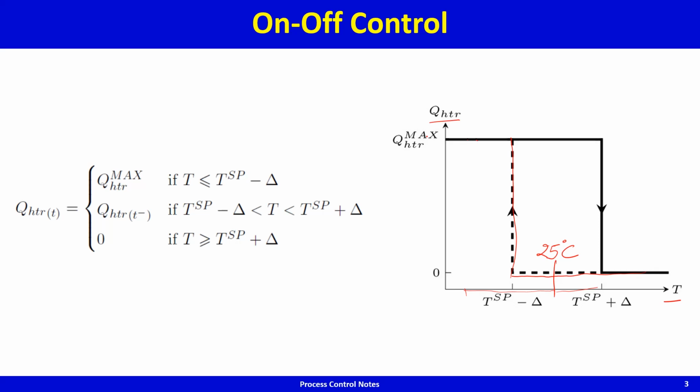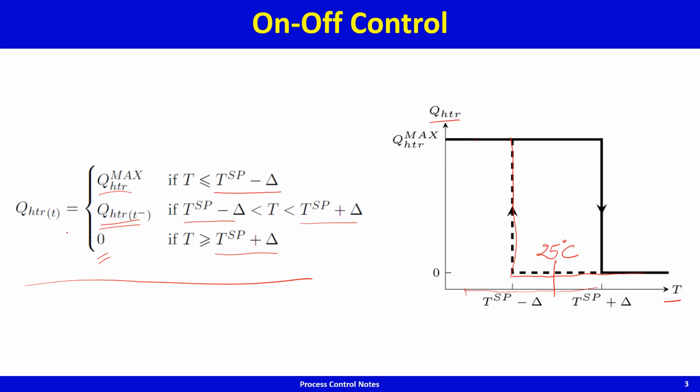So the control law is over here. What we are doing is, if temperature is less than or equal to T set point minus delta, heater state is on, heater is at full blast. If temperature is greater than or equal to T set point plus delta, heater is off. In between, no change in state. What this intermediate statement means is, if the temperature is between these two limits, QHTR remains wherever it is.